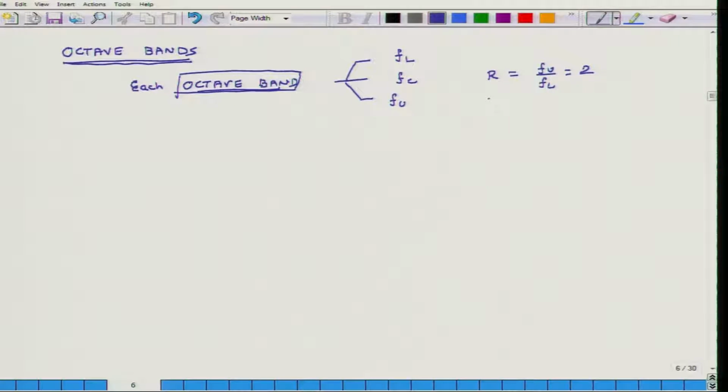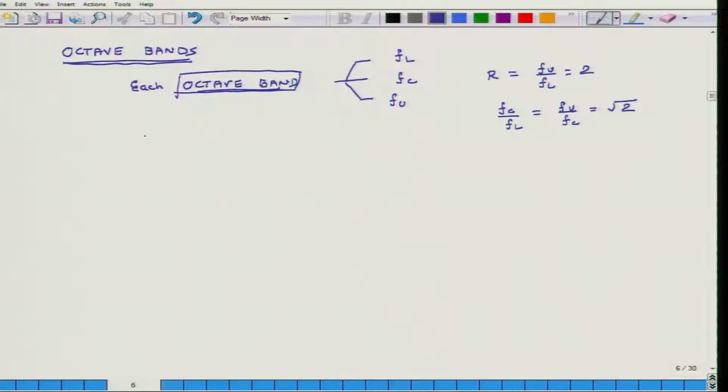And the other thing is, the ratio of FC divided by FL is the same as FU divided by FC. Which means that this ratio has to be square root of 2. Only then we will get FU divided by FL as 2.